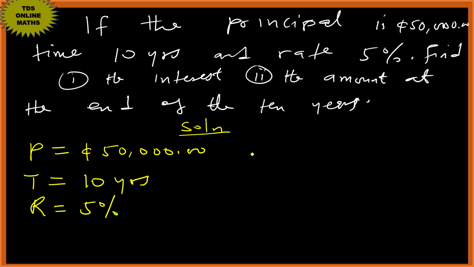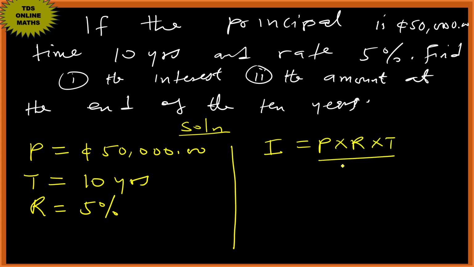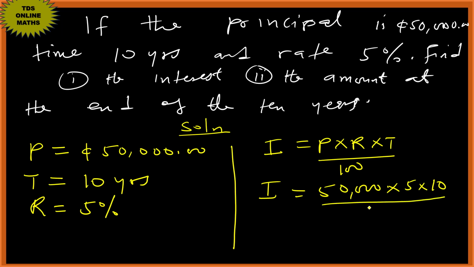My interest, that is the I part, is principal times rate times time all over 100. So 50,000 times 5 times 10 all over 100.